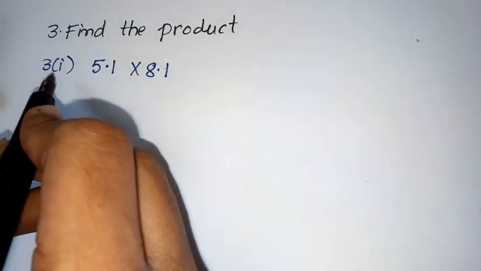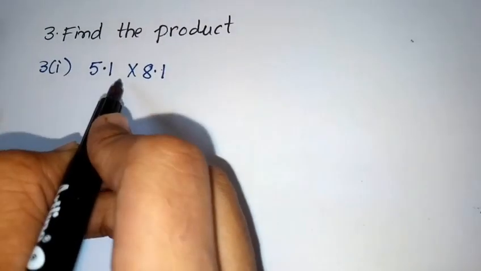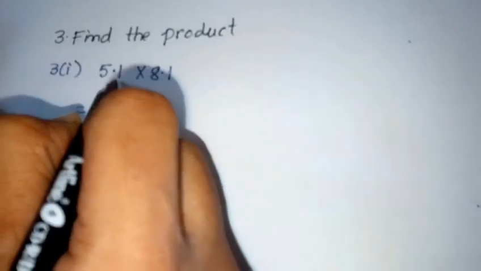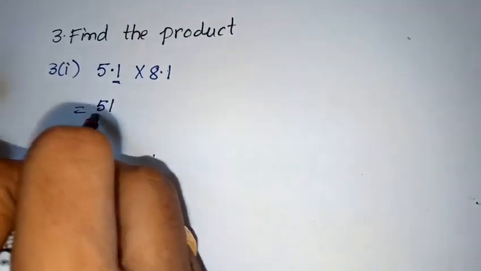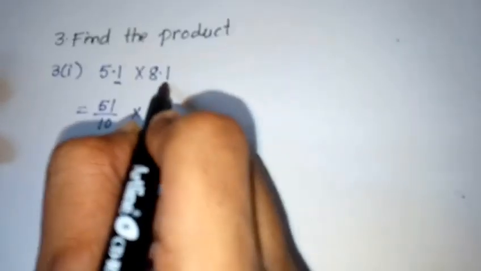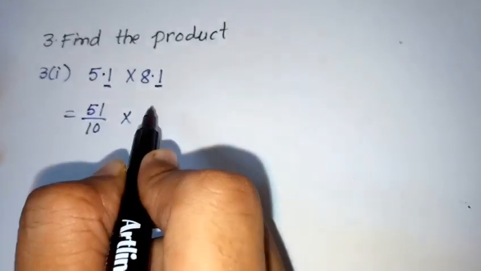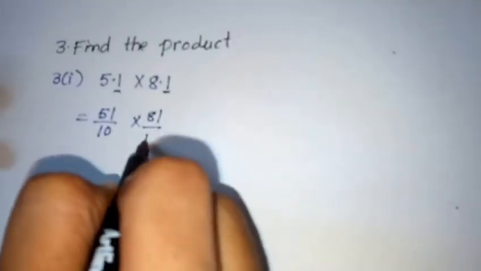Next, third Roman, find the product. Third Roman, first one, 5.1 into 8.1. In 5.1 the place value of 1 is tenth, meaning 1 by 10. So removing the decimal point, write 51 by 10. In 8.1 the place value of 1 is also tenth, that is 1 by 10, so by removing the decimal we get 81 by 10.